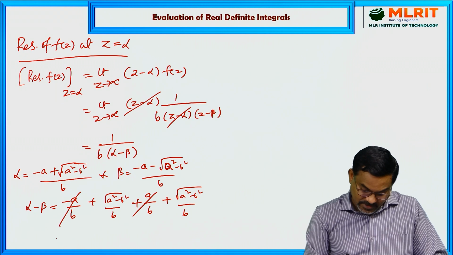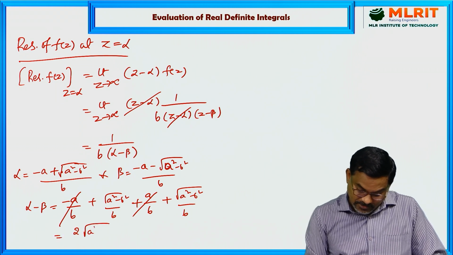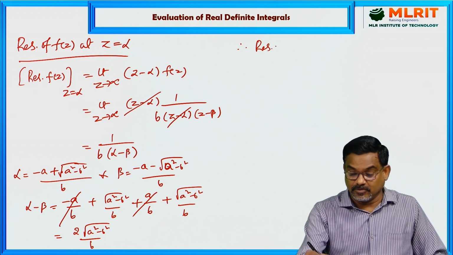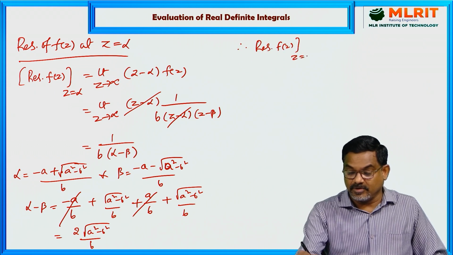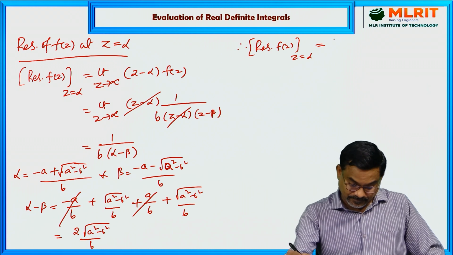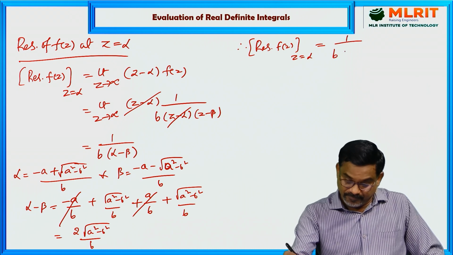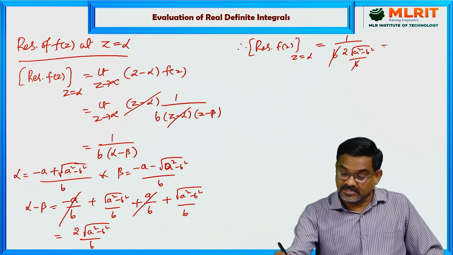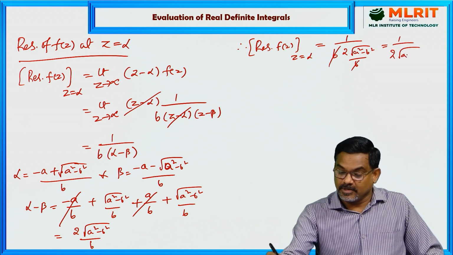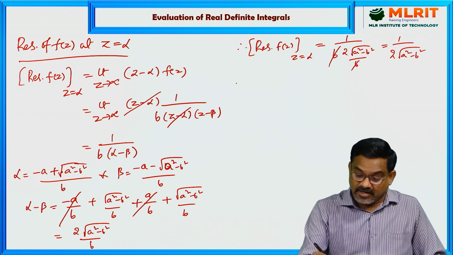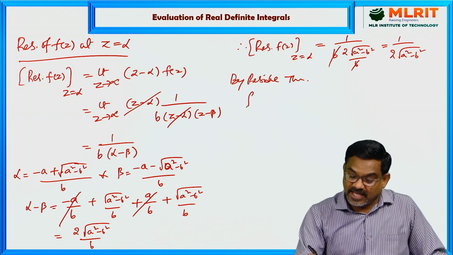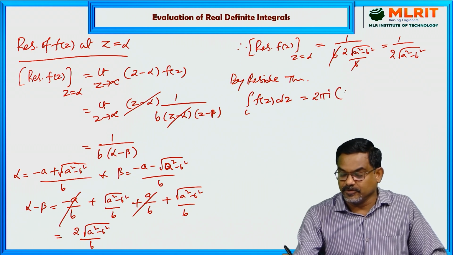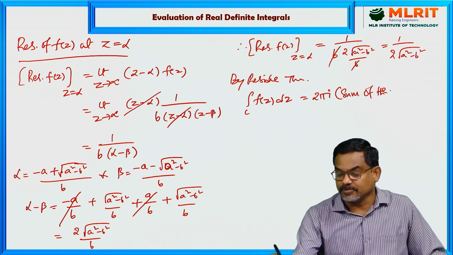So these two get cancelled, and here 2 root a square minus b square by b. So therefore the residue of f at z equal to alpha is equal to 1 by b into 2 root a square minus b square by b. These two get cancelled. So 1 by 2 root a square minus b square. And by residue theorem, the line integral of a function f of z dz can be obtained as 2 pi i into the sum of the residues.